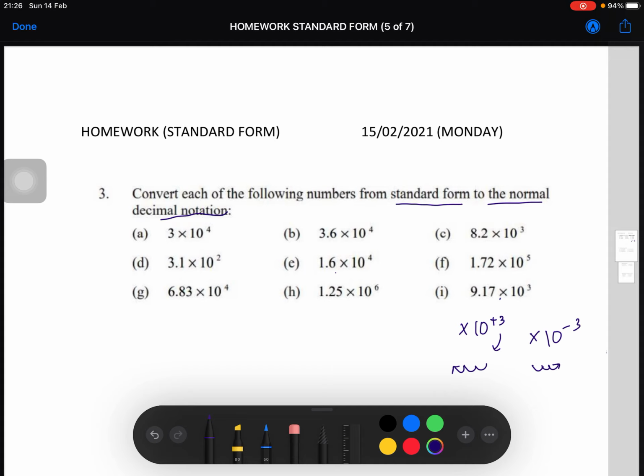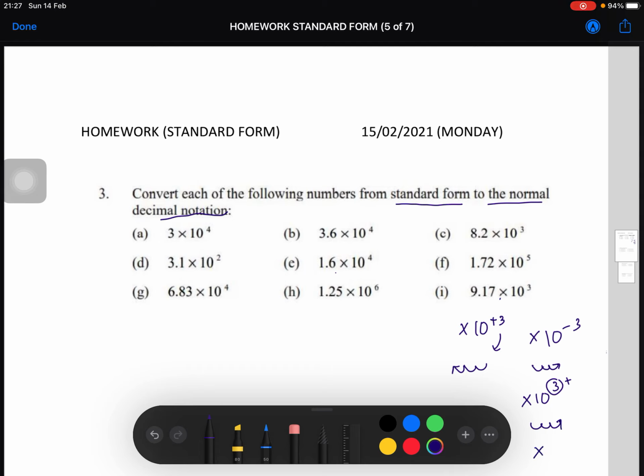Actually, for the normal decimal, the concept is the converse of standard form. For normal decimal, times 10 to the power of positive 3, the decimal should be moving to the right, 3 times.